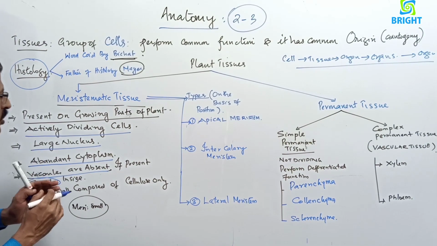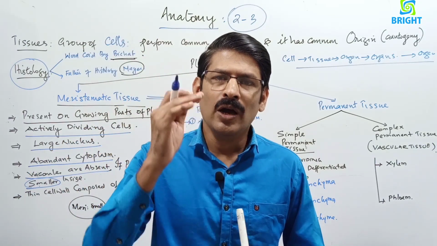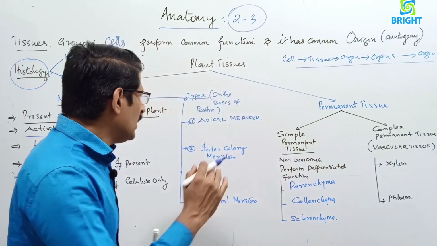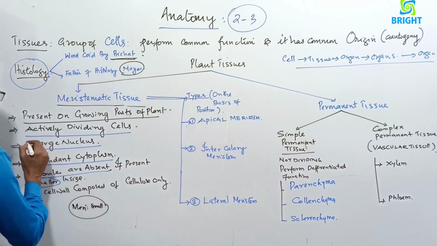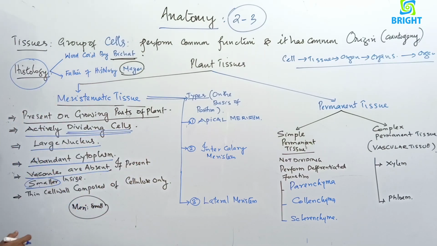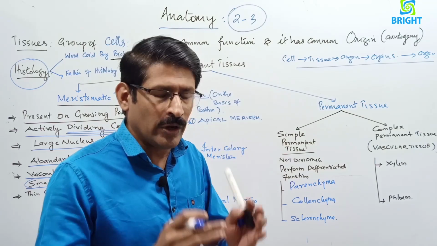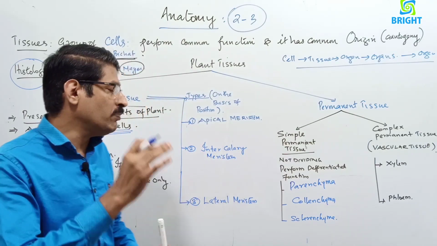So meristematic tissues are the dividing tissues, present only on the growing part of the plant, with different characteristics: they are actively dividing cells, with a well-defined nucleus, abundant cytoplasm, and small vacuoles or vacuoles may be absent.